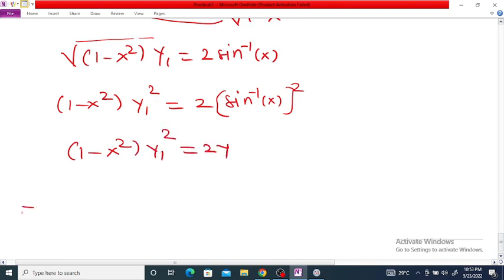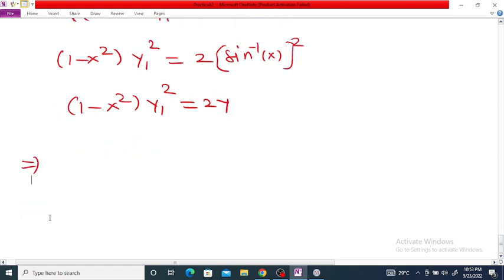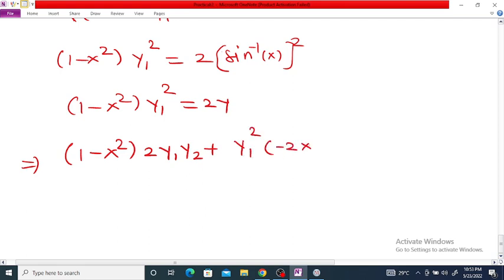So again, if you differentiate this one more time, we get 1 minus x square, and derivative of y1 square is 2y1, and again derivative of y1 is y2, plus y1 square into derivative of 1 minus x square, which is minus 2x, is equal to 4y1. So this is equal to, if you take 2y1 outside, then we get 1 minus x square y2.